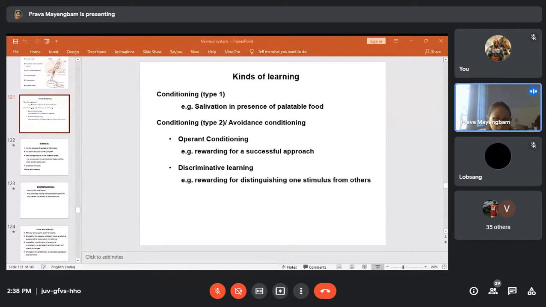He feels that with the sound there will be electricity, and he tries to escape it. So that kind of training is conditioning type 1, and you can cite such examples. Another is conditioning type 2, in which some rewards are given. That kind of conditioning may be operant conditioning, or it may involve discriminative learning.